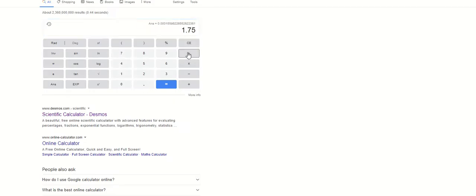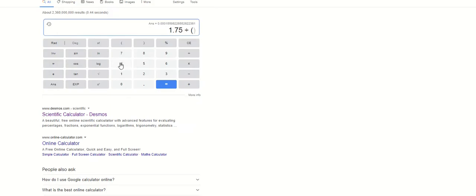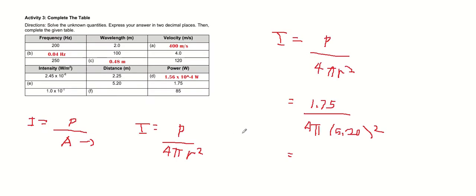1.75 divided by 4 times pi times 5.2 raised sa 2. So, nakuha natin, ilang 0 to? 1, 2, 3. 5.15 times 10 raised to negative 3 watts per square meter.